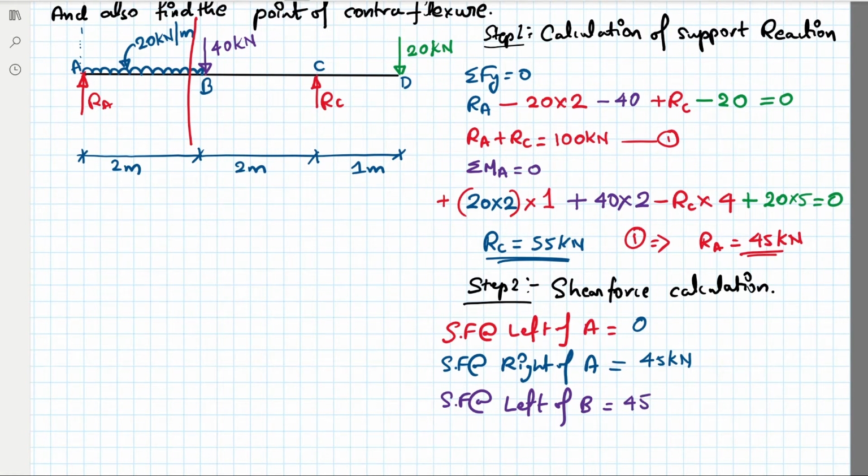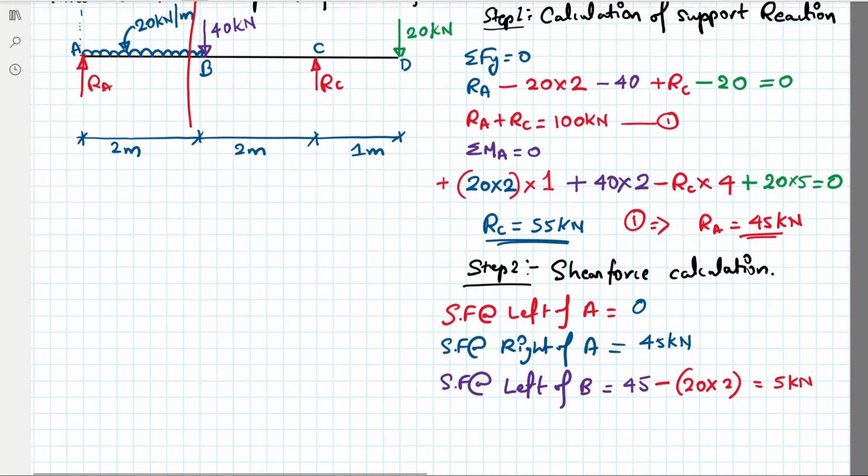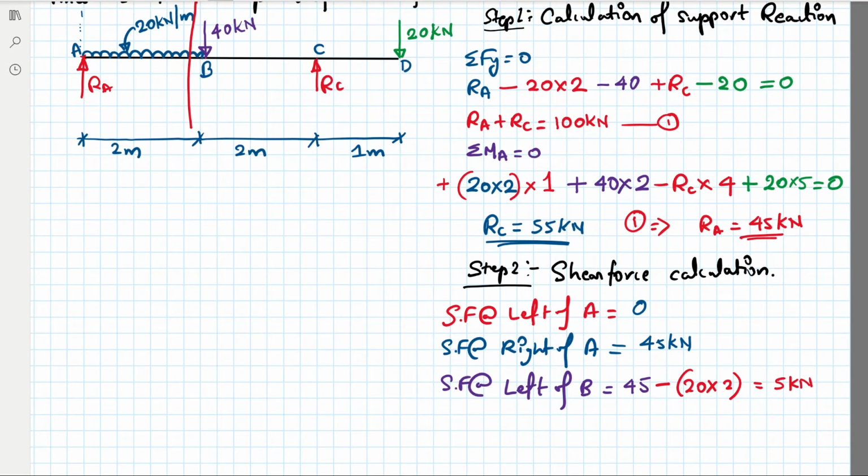Then we have that UDL, which is acting downward, so I will take negative. If I convert that UDL into a point load, that will be 20 into 2. Therefore, the answer will be 5 kilonewton.